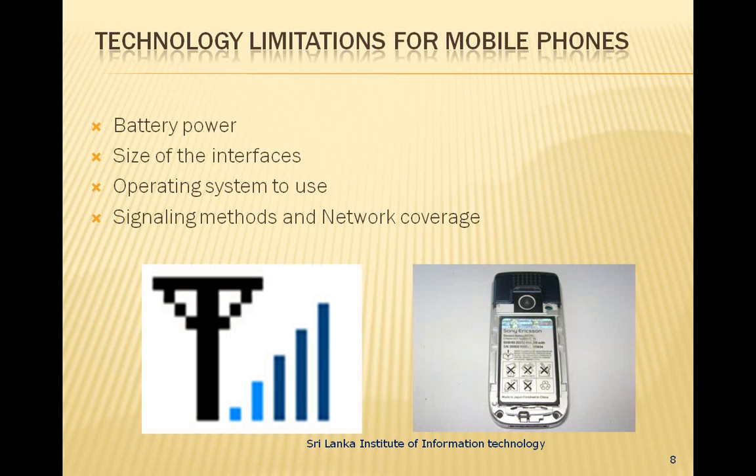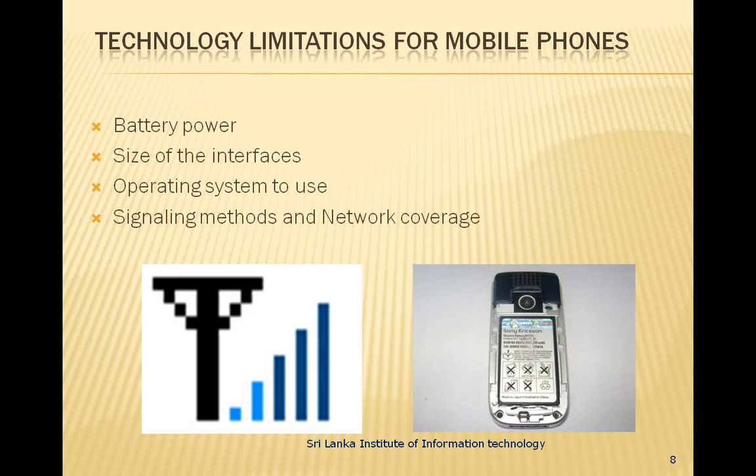In this slide, we are going to talk about the technology limitations for mobile phone development. First one is battery power. In mobile phones, there is limited power since a battery is used. Therefore, for every performance of the mobile, we have to consider the power the battery can supply. Second one is size of interfaces.